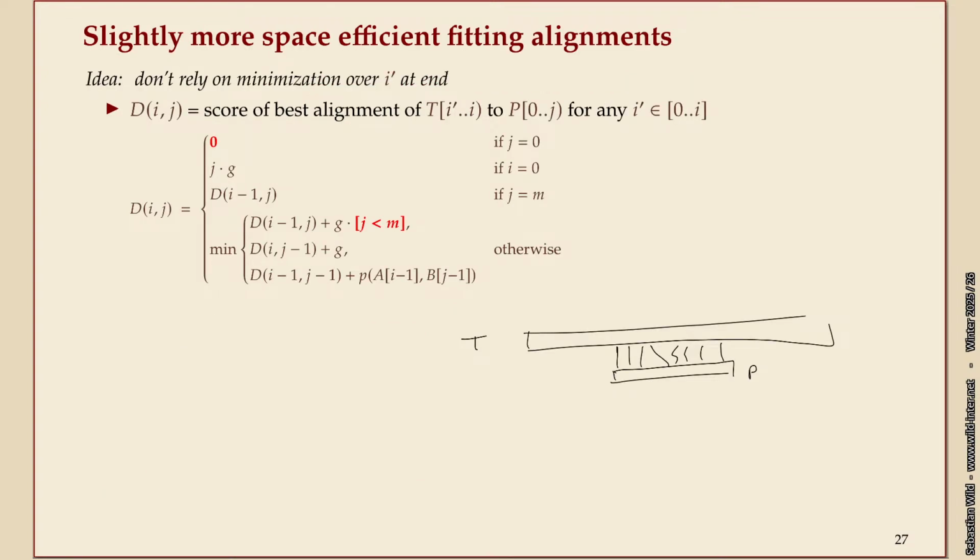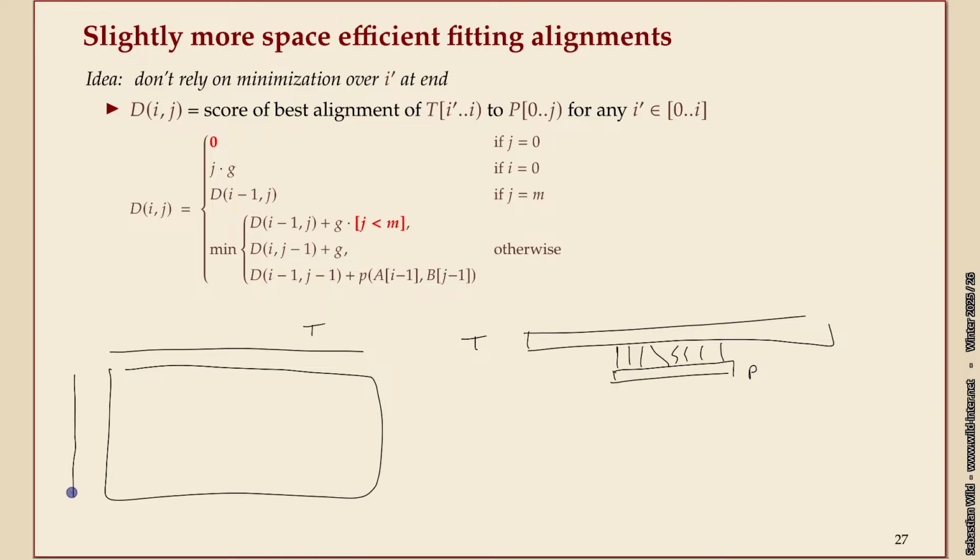Okay, annoying. Let's look at this one. I swapped the roles of A and B. Here, I wanted T to be the string that's horizontal, and P is the one that's vertical. T is here, and P is here. In the other chapter, the matrices were taller than wide.